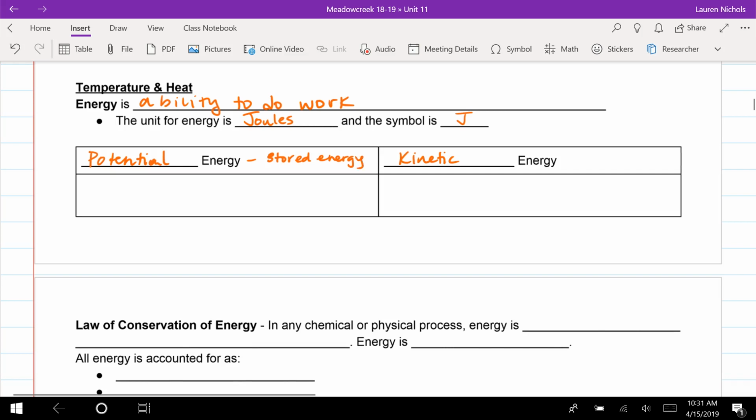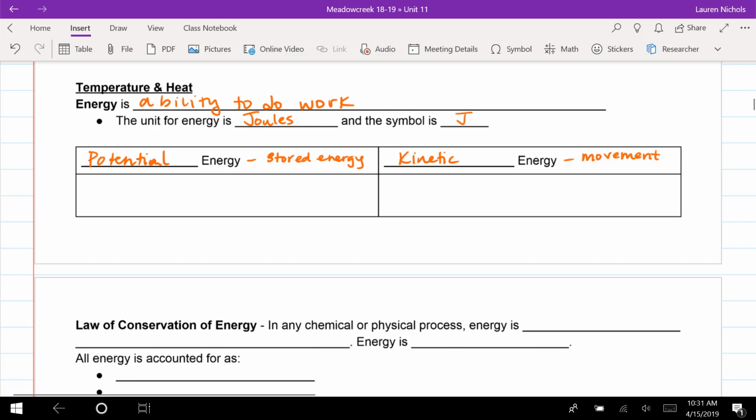If I say I have the potential to do something, that means it's within my capabilities. I have the energy within me to do that, whether I actually do it or not. So potential energy is stored energy, and kinetic energy is the energy of movement. When things are moving, they are using kinetic energy.